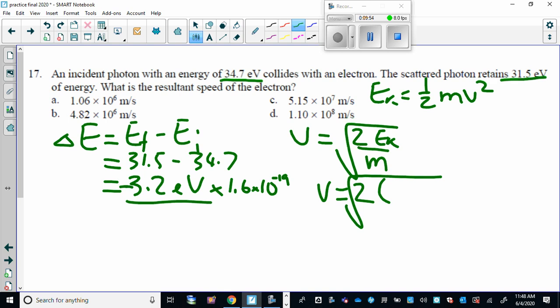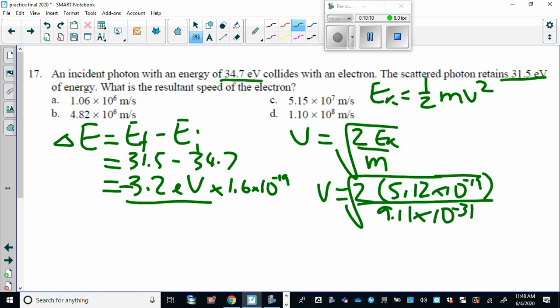The answer is 5.12 times 10 to the negative 19. That's a 19. And then divided by the mass of the electron, and that's going to give you 1.06 times 10 to the 6th. A.